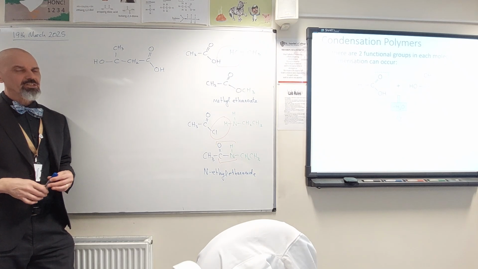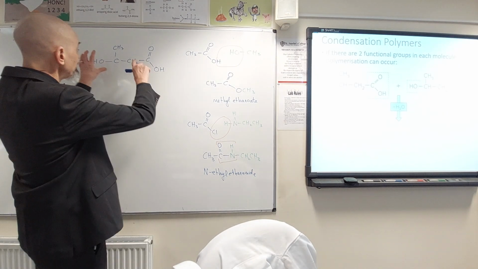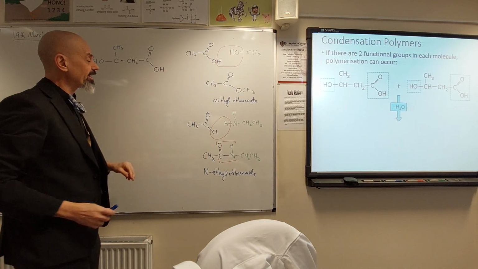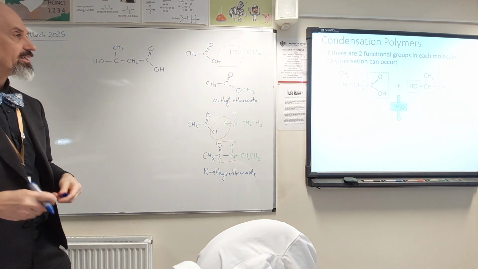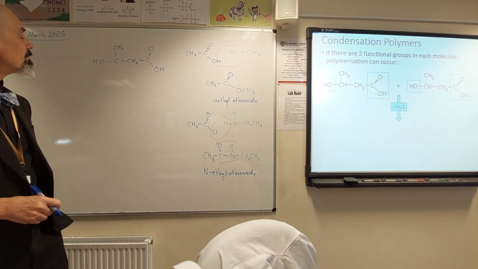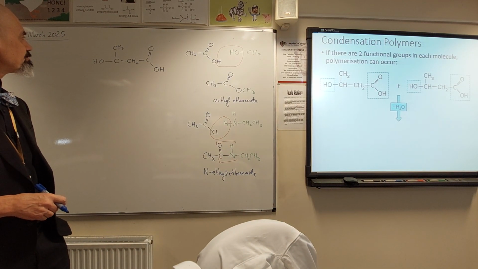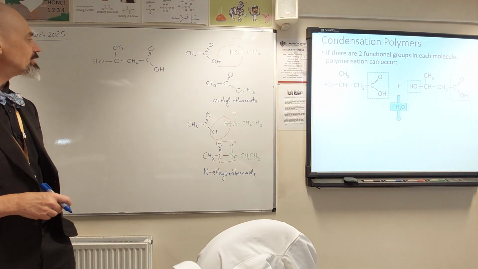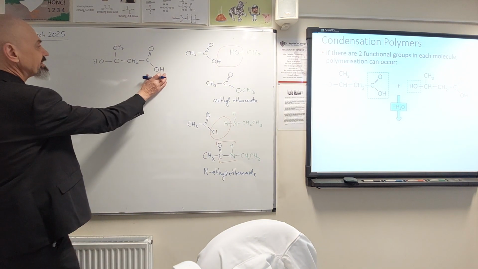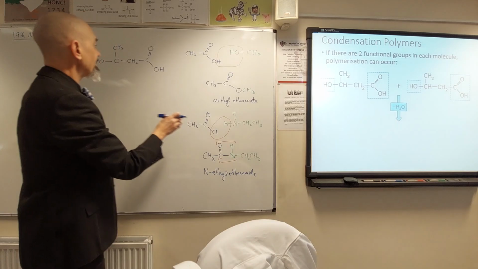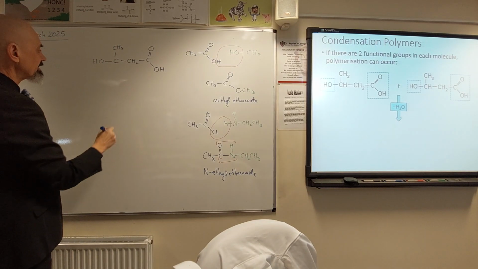Then the molecule can react with itself. I suppose it could conceivably bend around and form a tight little ring there, but it's more likely to bump into another of itself. So this acid group could react with the alcohol group in another molecule.